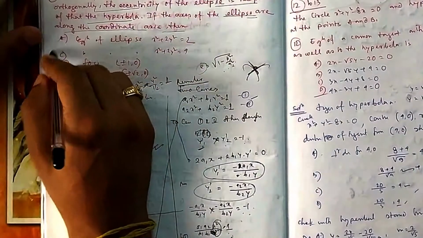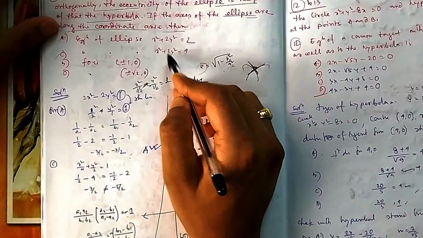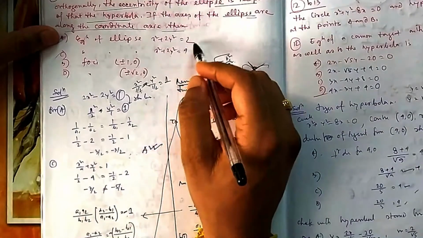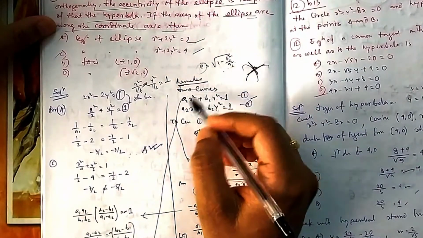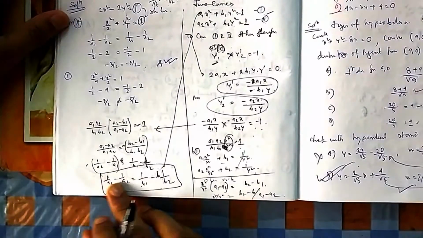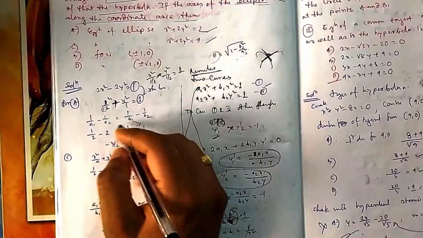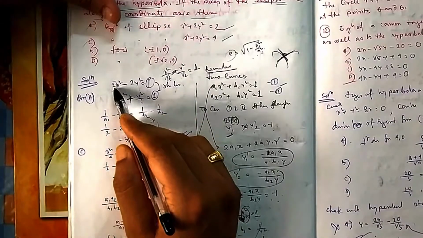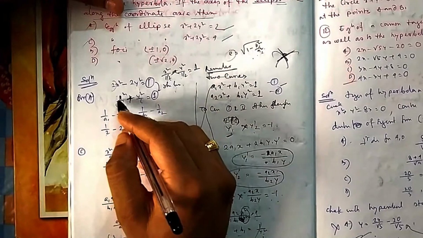But here, because the options are given, I am checking one by one. Options A and C both represent giving one equation. So let me check whether this satisfies this condition, because this should be satisfied. If this is satisfied, then it will cut orthogonally. So you put all this a1, b1 in this condition. This is your a1, and a2 is equal to half.